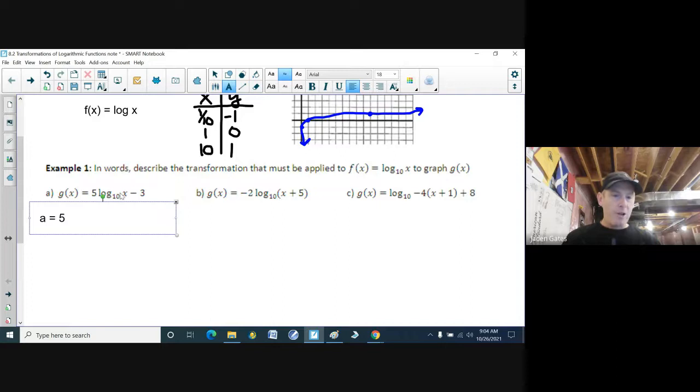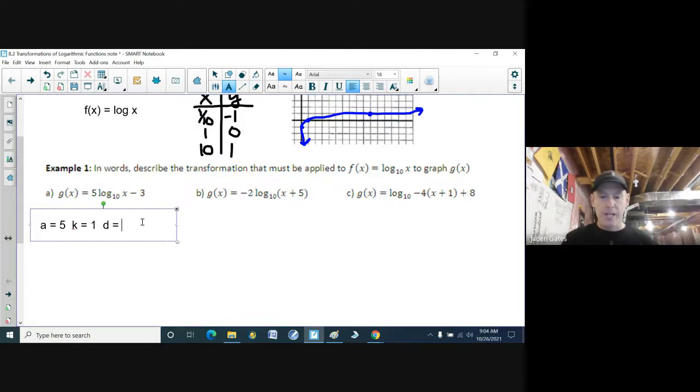Our k value will always be inside the brackets, inside the function, in front of the x. In this case we don't see it, so it's a 1. We don't have any movement, no plus or minus inside the function, so d is 0. But our c value here is -3.